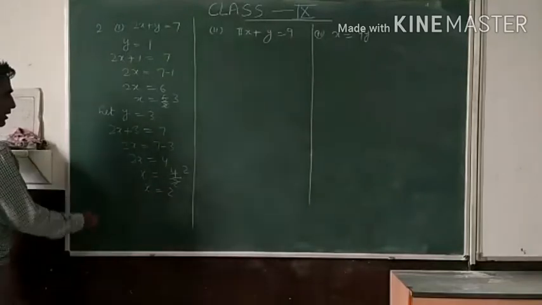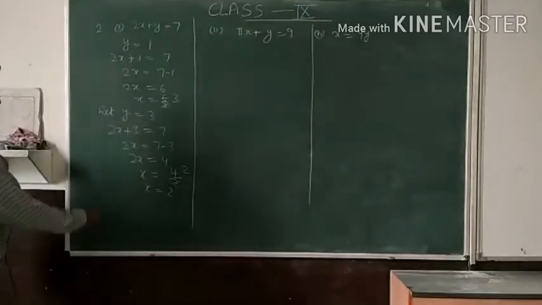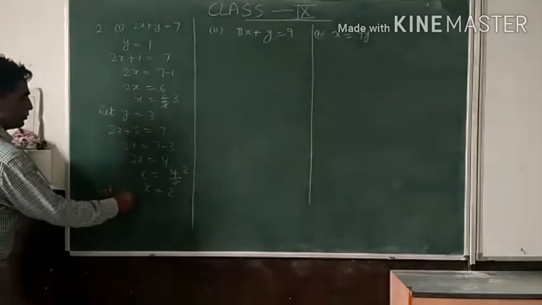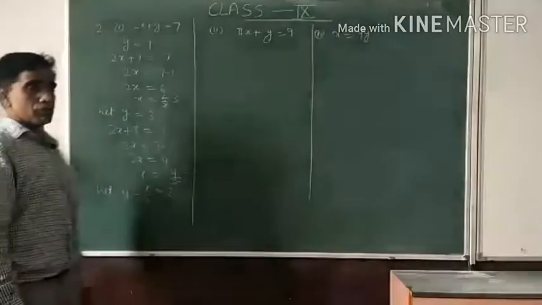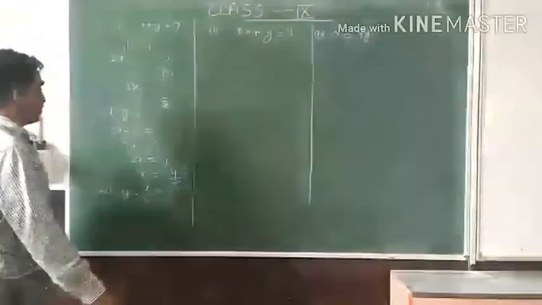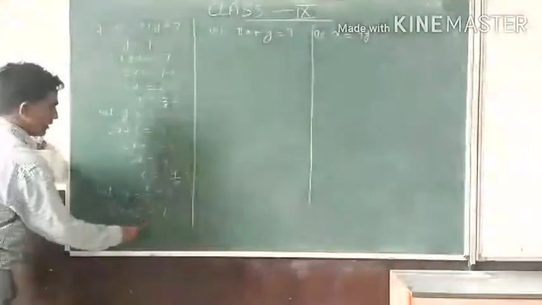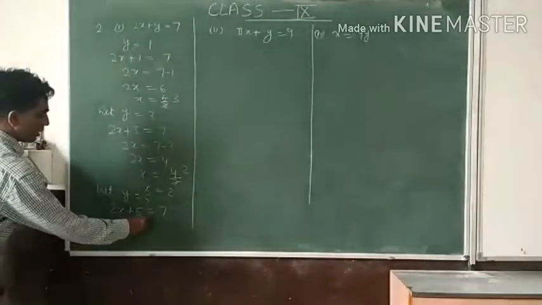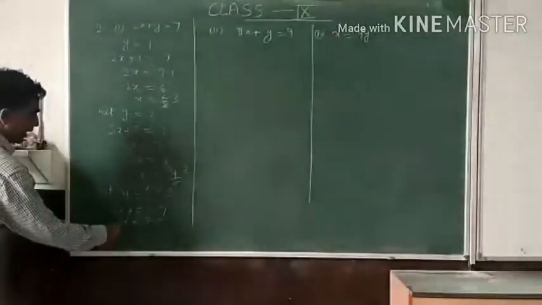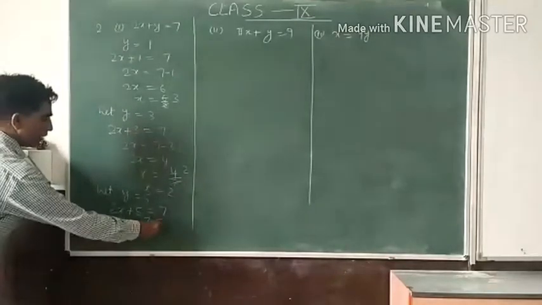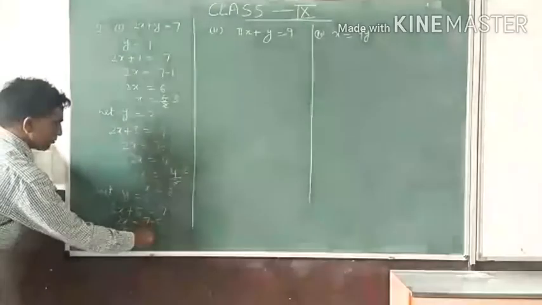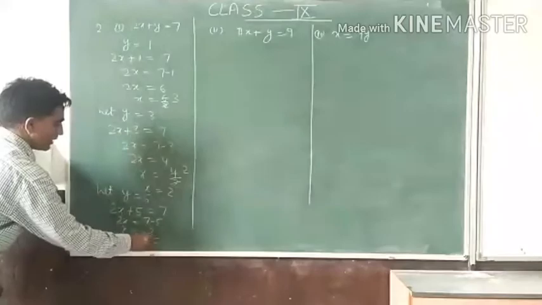Now students, let y is equal to 5 for the next solution. We get 2x plus 5 is equal to 7. 2x equals 7 minus 5, which is 2. 2 upon 2, we get 1.